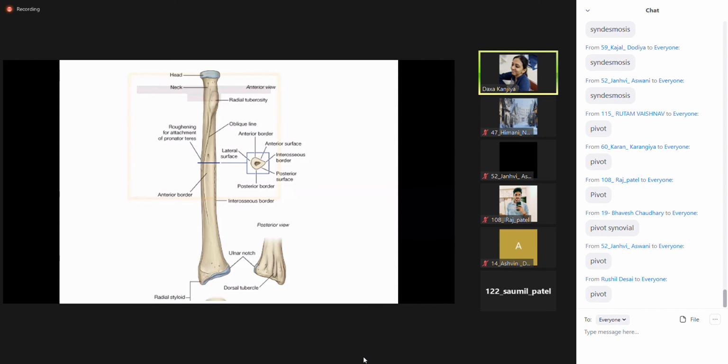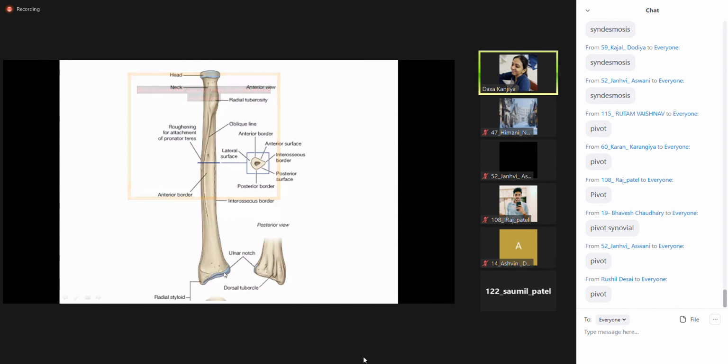Features of the lower end of the radius: on the dorsal surface there is the dorsal tubercle of Lister. And there are many grooves for the tendons of the muscles of the extensor compartment. And this is the anterior surface of the lower end of the radius.